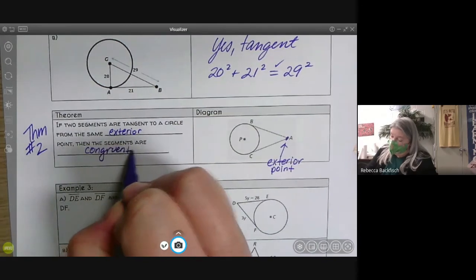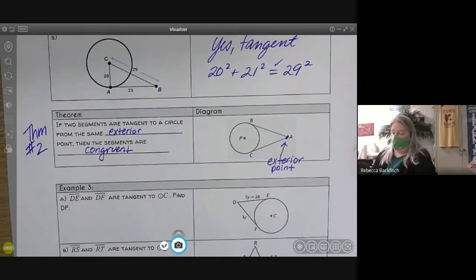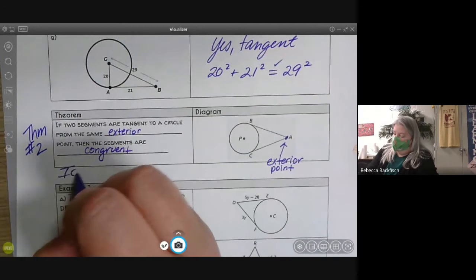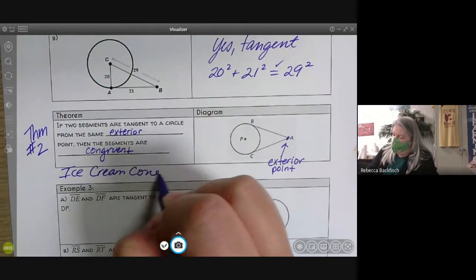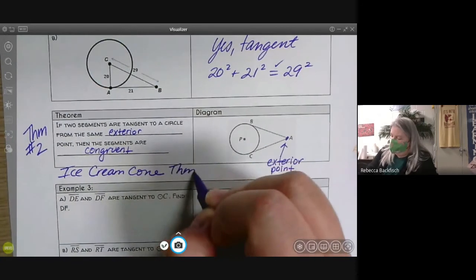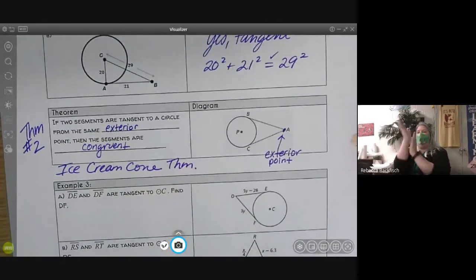I like to call this the ice cream cone theorem. If you think about when you get an ice cream cone, if you were going to get a perfect sphere of ice cream on top of it, it would be a problem if one side of the cone was much shorter than the other, because the nice sphere of ice cream would go toppling off in that direction. The two sides of an ice cream cone have to be the same.